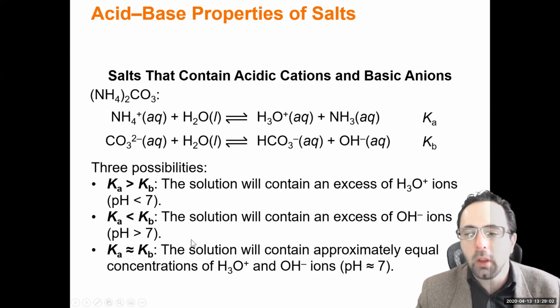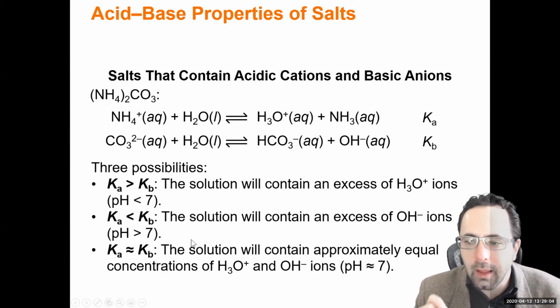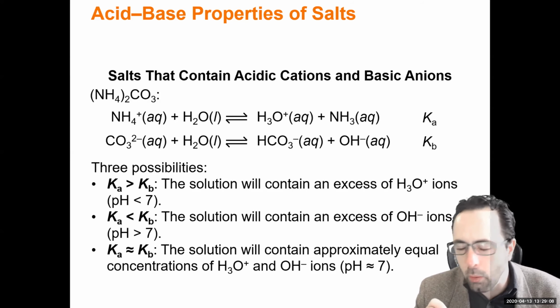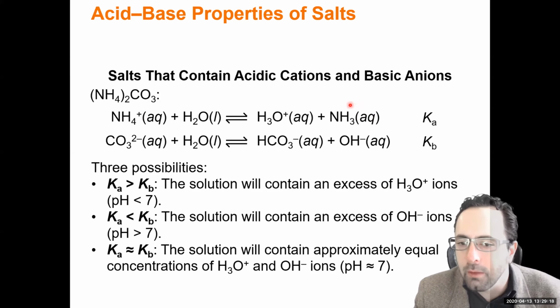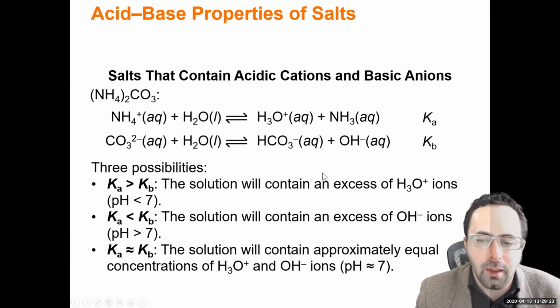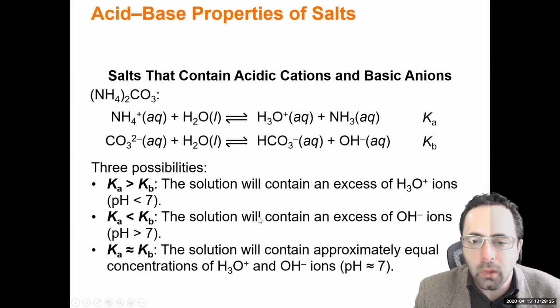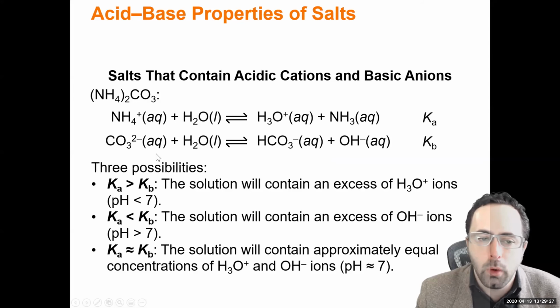So remember, we cannot read the Ka directly from the book, because this is an ion. What we instead have to do is look for the Kb of the neutral base, and then we can use its Kb to find the Ka. Likewise, we're not going to have a Kb for carbonate ion.